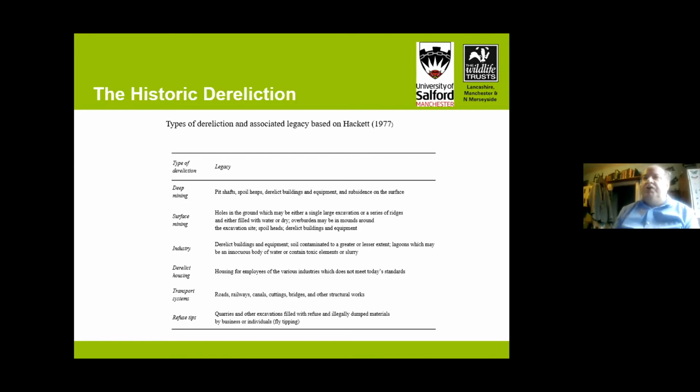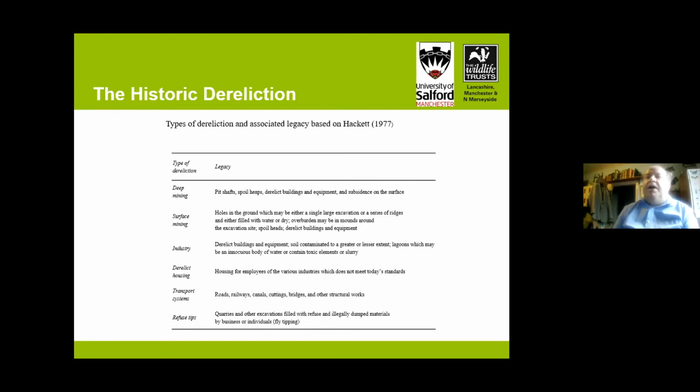And the industry, like the iron and steel industry, left large amounts of post-industrial spoils, large patches of lime-rich material, or fly ash type products, all of which have an interesting botany now and give us interesting conservation habitats to restore from.